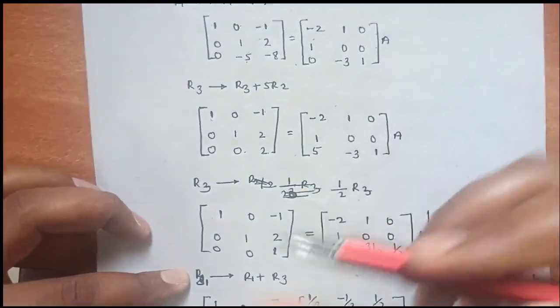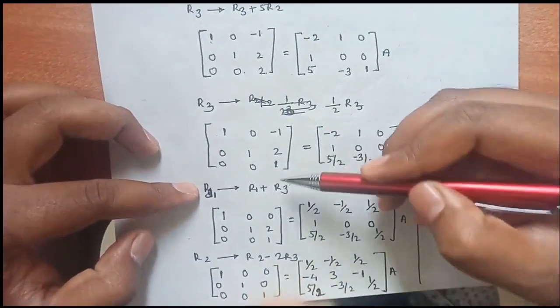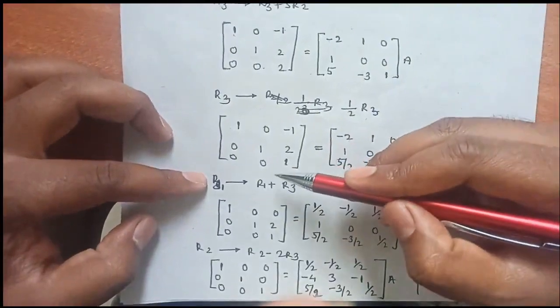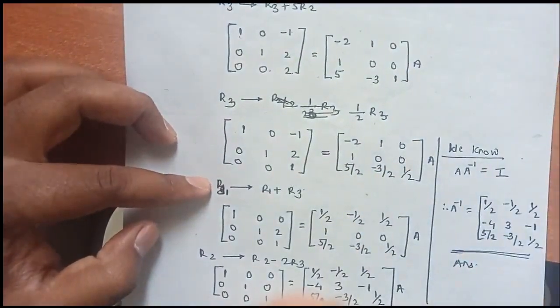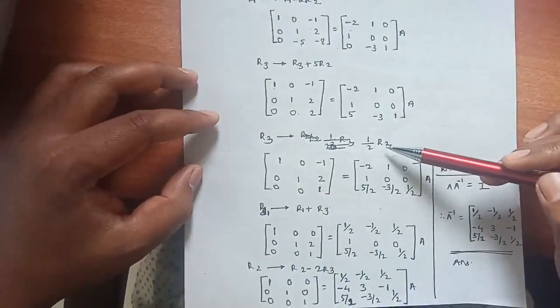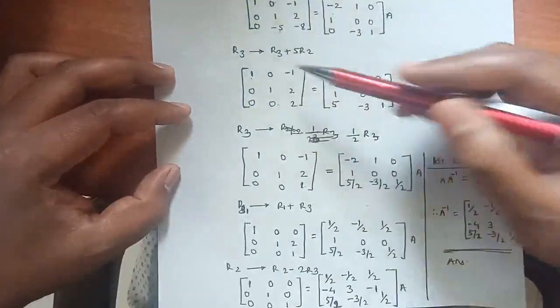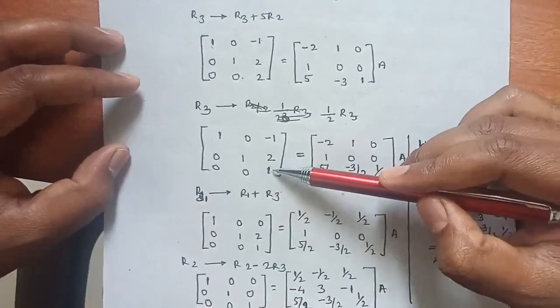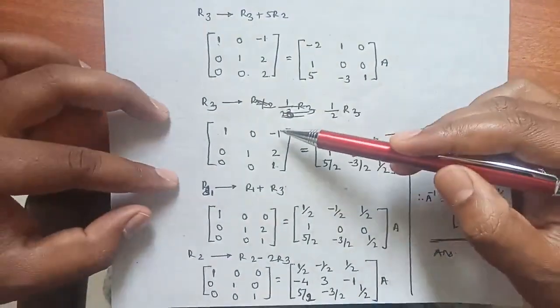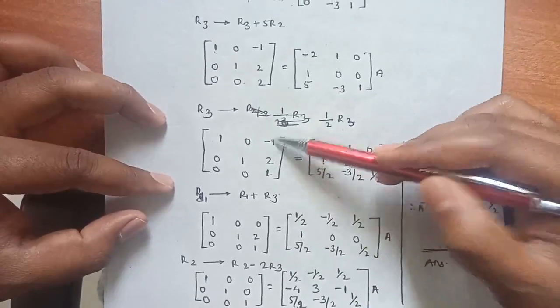So now here R1 I am going to change to R1 plus R3. After dividing R3 by 2, this matrix is going to change into 0 0 and 1. Now here I want 0, that means this and this I can add. If I add this and this, here I will get the 0.